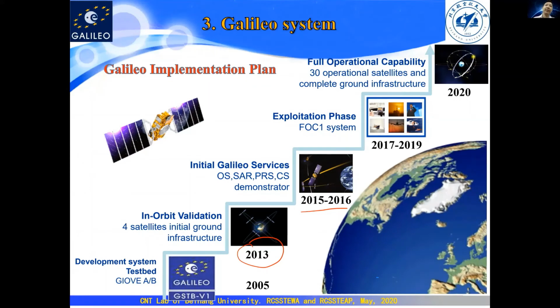I'm not sure about that, but they said there will be 30 operational satellites and complete ground infrastructure. They hope that by the end of this year they can provide full services.